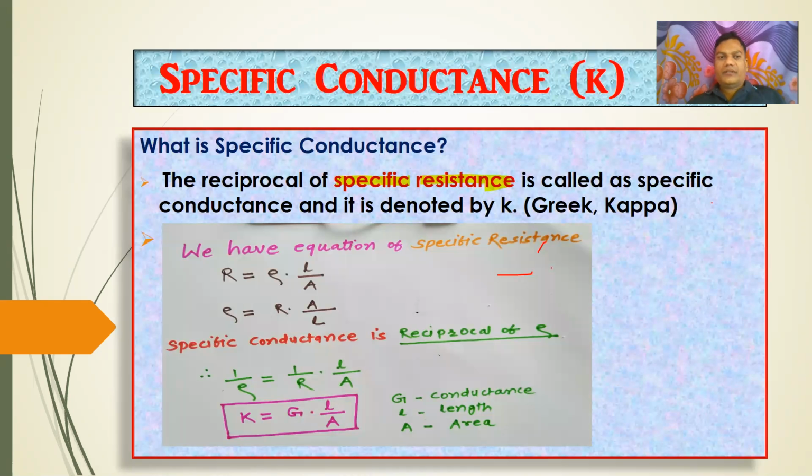Now in this slide you can see what specific conductance is. We have studied conductance, that is the reciprocal of resistance, or simply the capacity of a substance to conduct electricity. That is nothing but conductance. But see the definition for specific conductance.